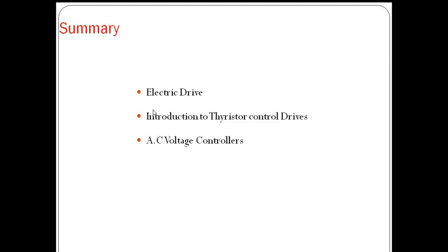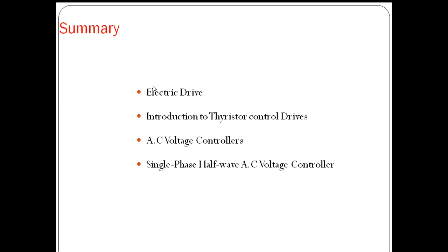In this class, we have mainly discussed electric drives. An electric drive is a circuit consisting of an electric motor, its power controller, and an energy transmitting shaft. Electric drives are of two types: AC drives and DC drives.